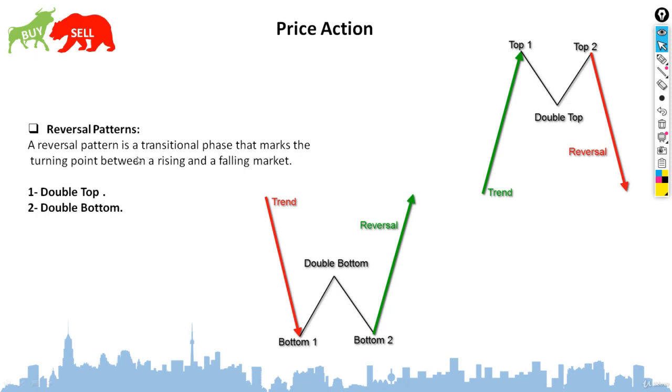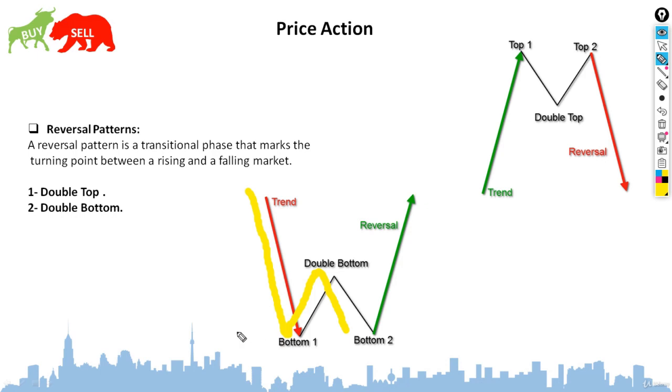A reversal pattern is a transitional phase that marks the turning point between a rising and a falling market. As we can see here, we have a downtrend, a bottom, this is the top, and the market will draw another bottom.